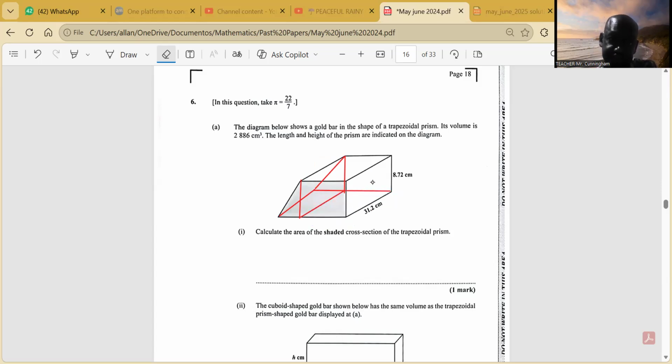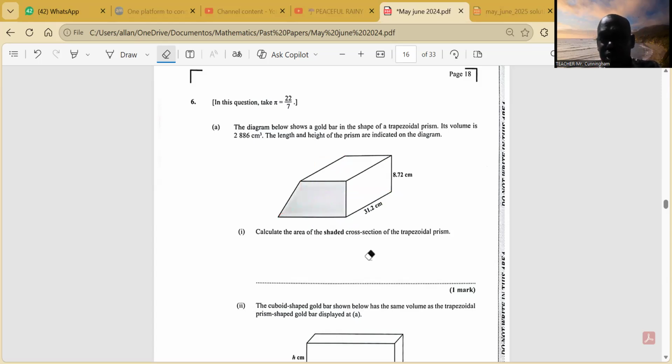Probably I should have done it in black rather than red, but I don't want to confuse you.